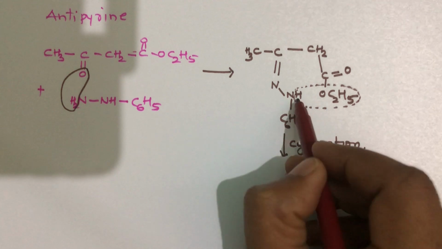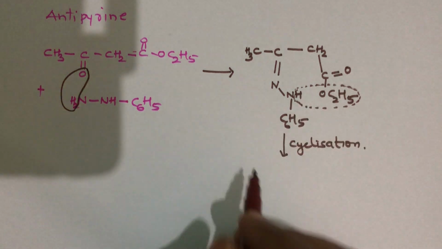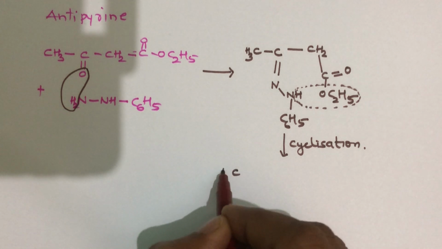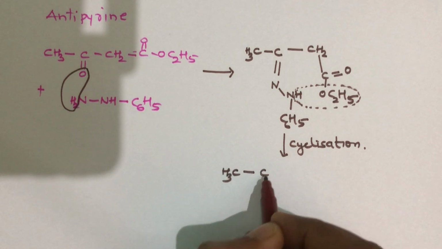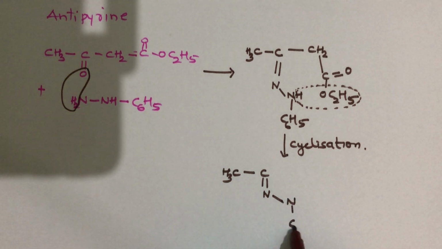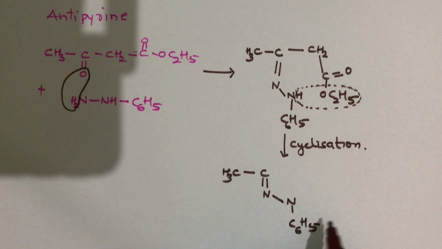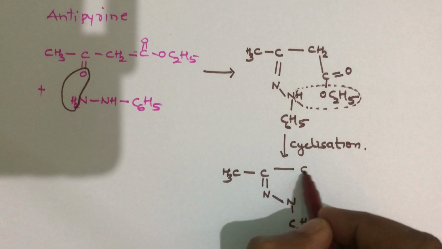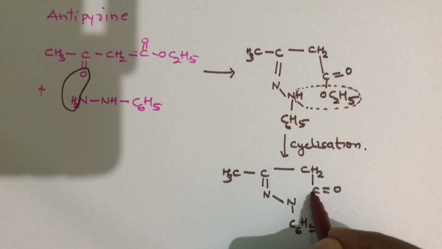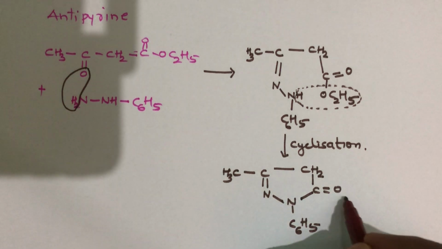So loss of this takes place and loss of hydrogen takes place, resulting in the formation of this compound: CH3, C double bond N, C6H5, CH2, C double bond N, and this is antipyrine.